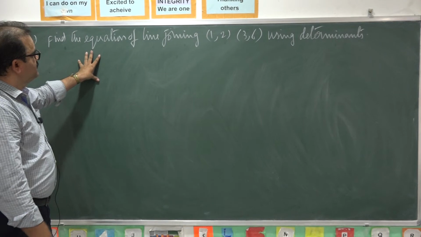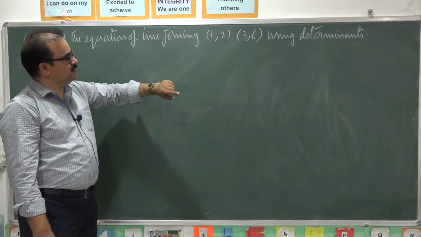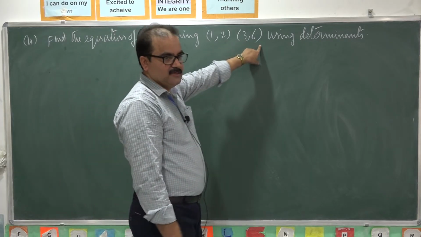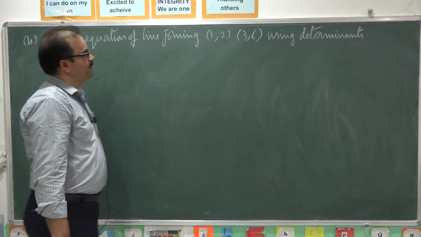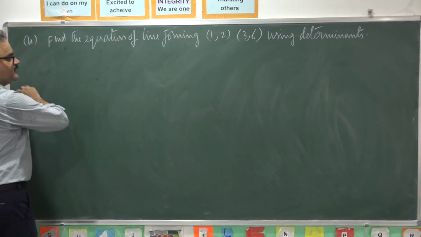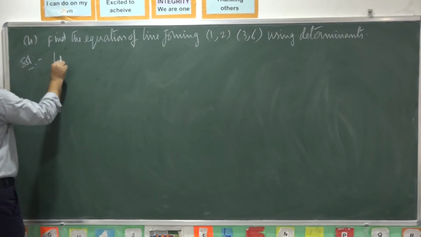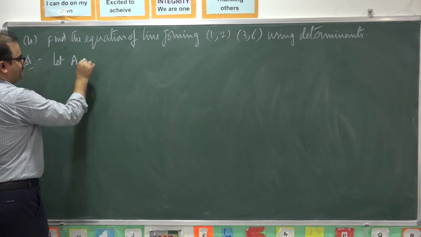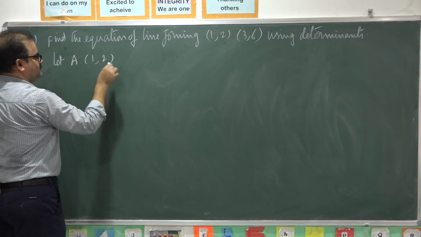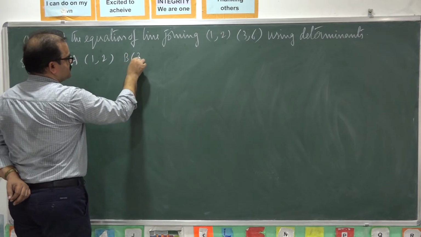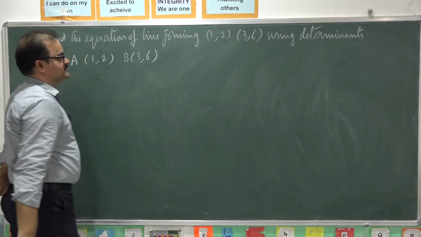But here, by using determinants, we discuss how to find it. Let A be (1, 2) and B be (3, 6).